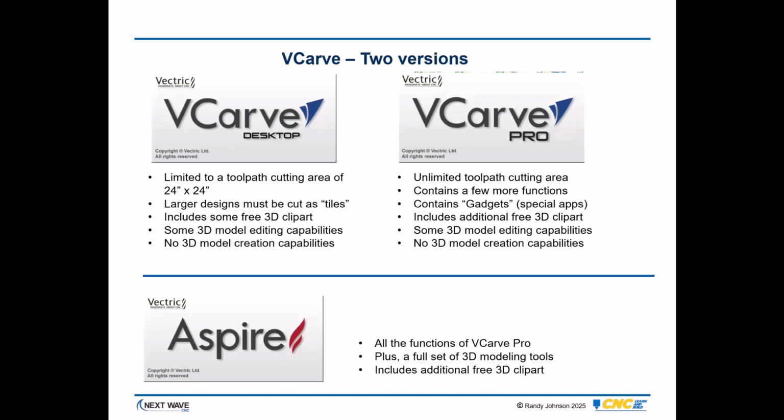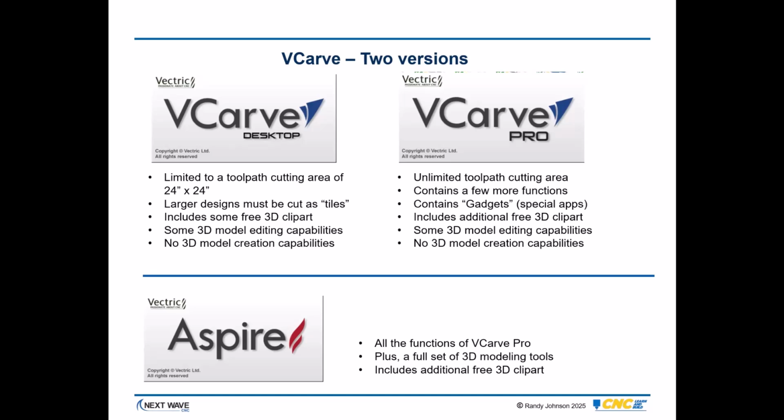They limit that partly because it serves the small benchtop tools, and they're able to save some money when they sell it. And they've stripped back a few other features in that. You can use VCarve Desktop to create a larger file, but you have to do what's called tiling, where you actually cut it in sections.